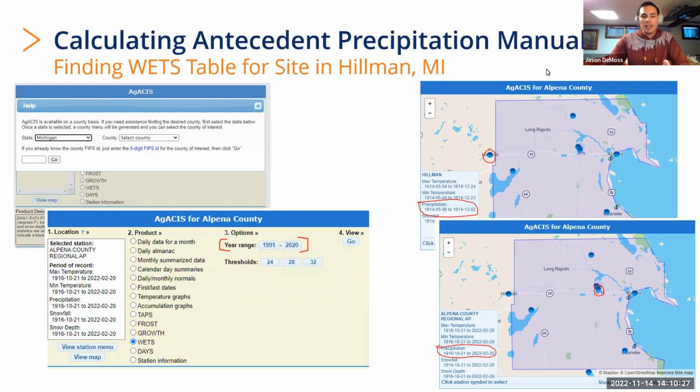When you go to the Ag ACIS website and you click on the WETS table, you first have to select a weather station. And so the big issue with the weather stations is you have to hover over each one. And if it has a precipitation date range that is not somewhere between the past 30 years, it won't give you the data that you need.